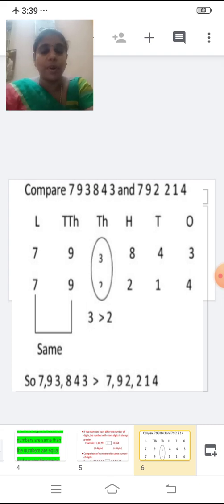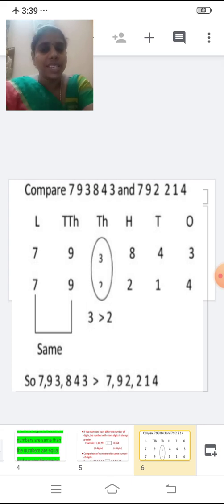So shall we compare now? Here also the number of digits are equal. So we have to start to compare from the leftmost part. In the first number we have 7 in the lakhs place, and in the second number also we have 7 in the lakhs place. So what you have to do?